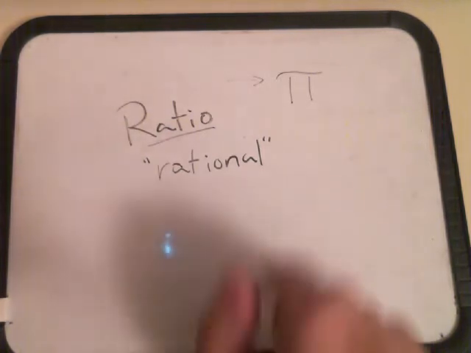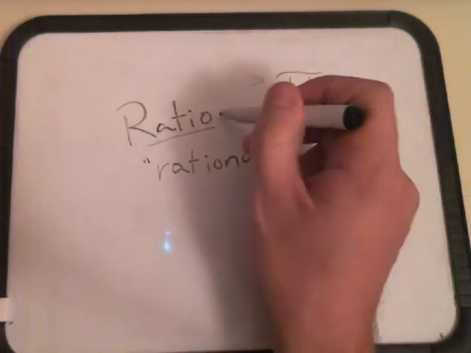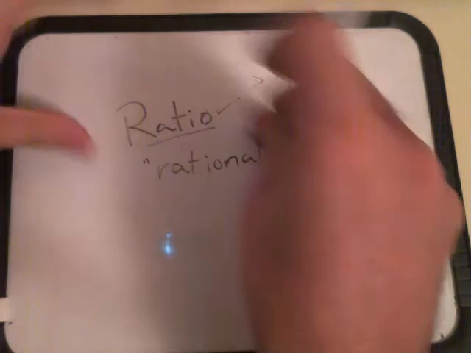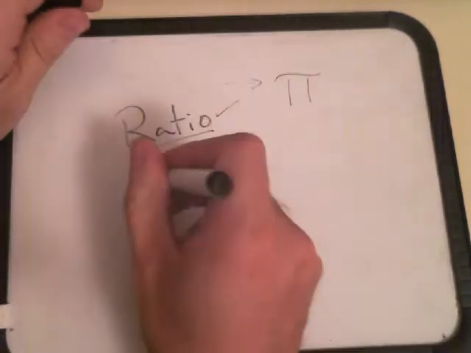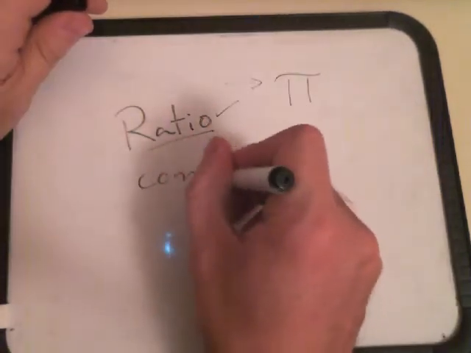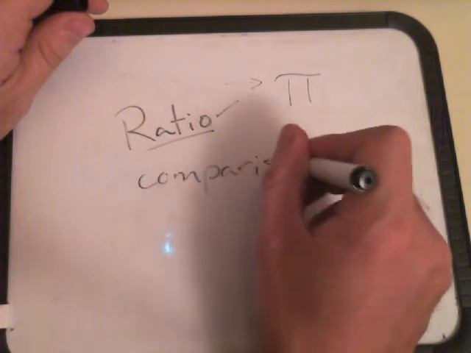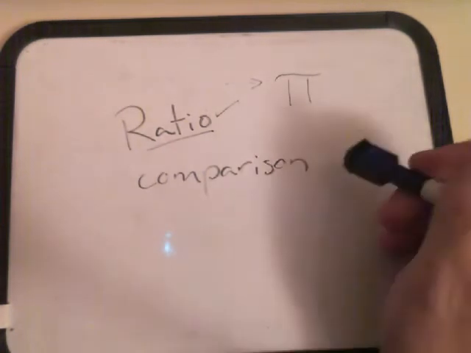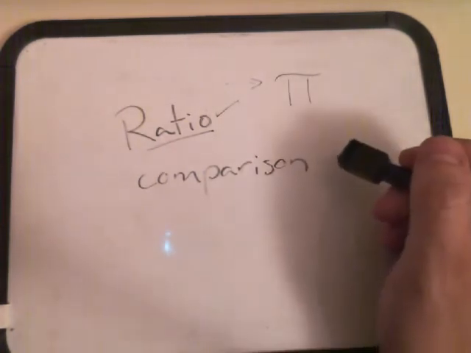And so this actually gets to the root of this word ratio from Latin, which has to do with a comparison. And this goes back to the idea that human thinking or logic has a lot to do with comparing things, right? Being able to fit things together and being able to see their differences.